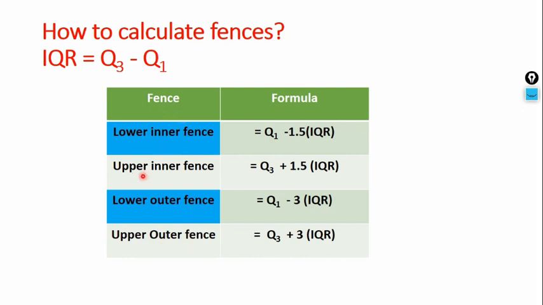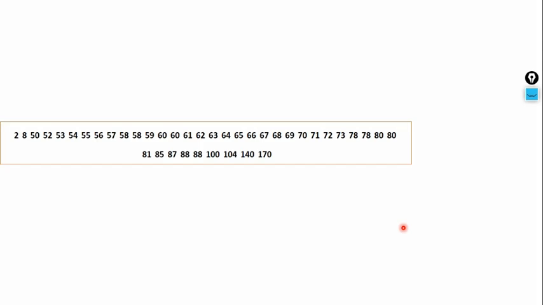So 2 inner fences and 2 outer fences are calculated. Lower inner fence: Q1 minus 1.5 IQR, where IQR is Q3 minus Q1. Upper inner fence: Q3 plus 1.5 IQR. Lower outer fence: Q1 minus 3 IQR, and upper outer fence: Q3 plus 3 IQR. In this way, we can calculate our fences.